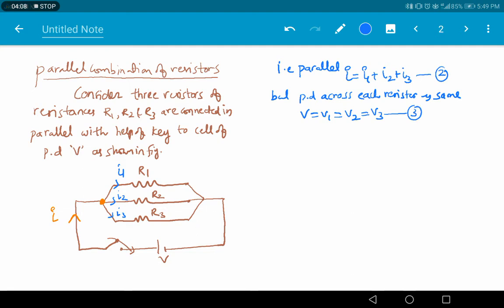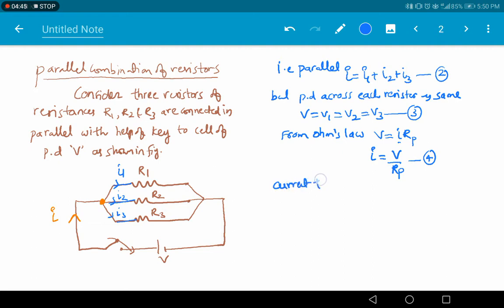Now let us write the expression for the current in the circuit. From Ohm's law, V equals I Rp, the resistance in parallel combination. So I equals V by Rp. In a similar manner, let us write the current through resistor 1, resistor 2 and resistor 3.